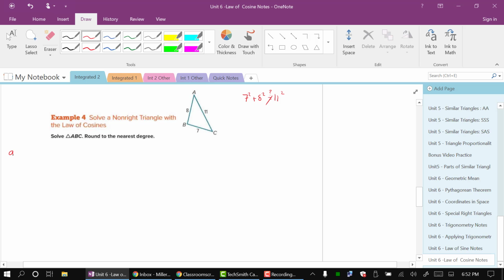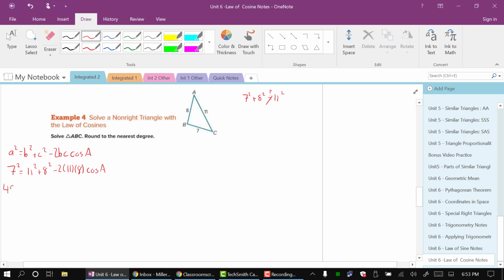That gives me a squared equals b squared plus c squared minus 2bc cosine A. Plug in my values. This gives me 7 squared equals 11 squared plus 8 squared minus 2 times 11 times 8 cosine of A. A is unknown.